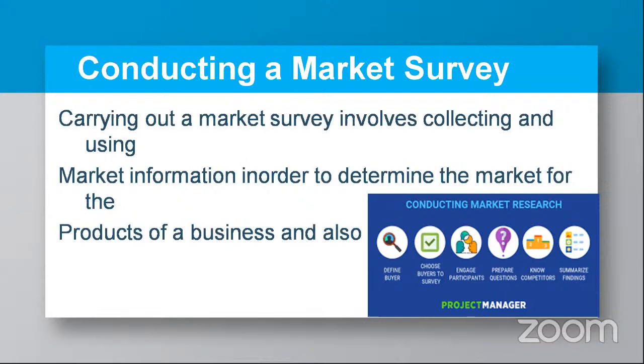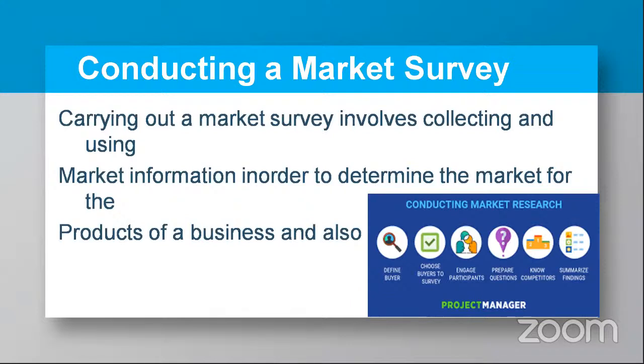That information helps you to determine the market for the products. Will your products be in position to have market? Will you have customers to buy your products?